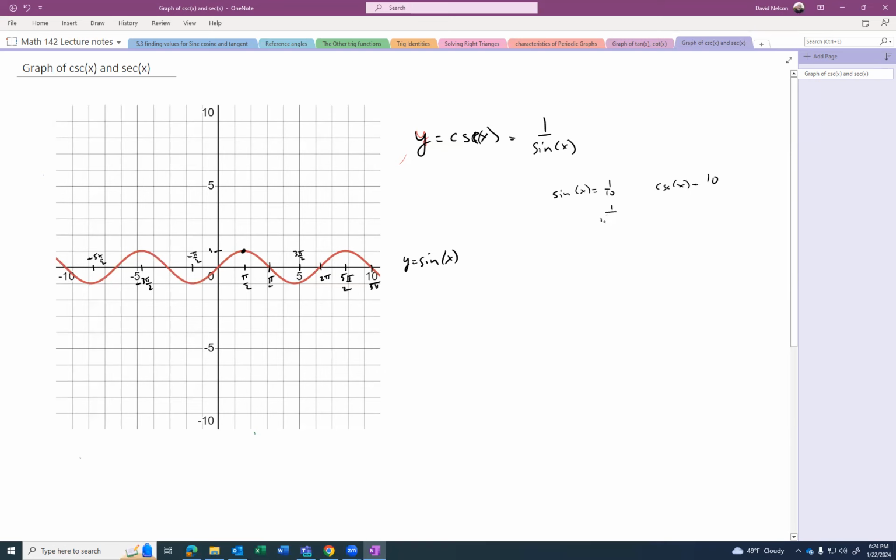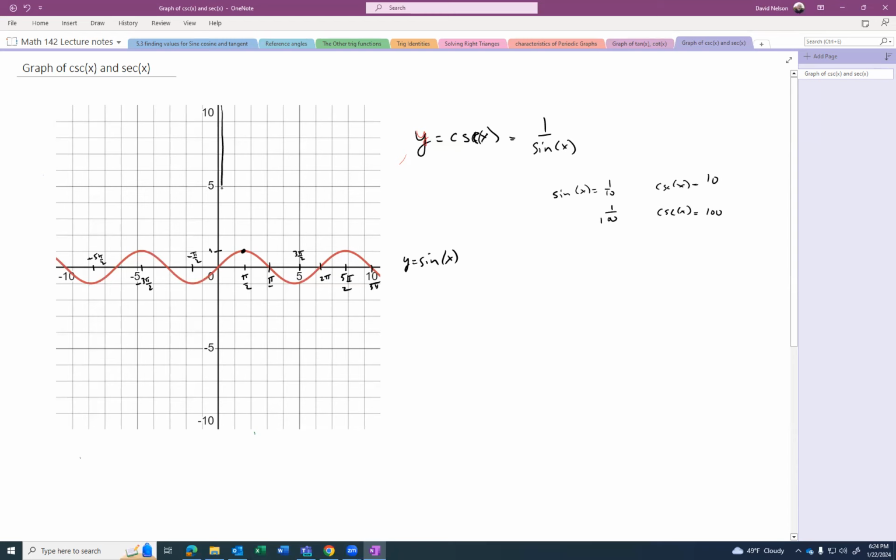And if the sine of x is equal to 1/100th, then the cosecant of x would equal 100. And so as I get really close to 0 here, what I end up with is really, really large values.